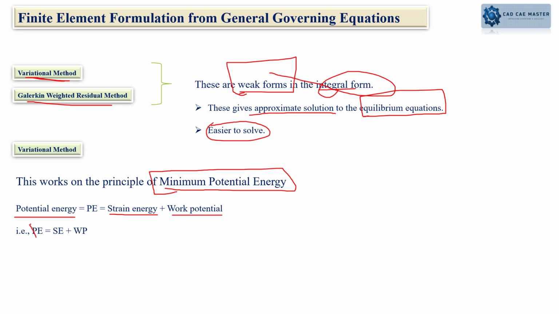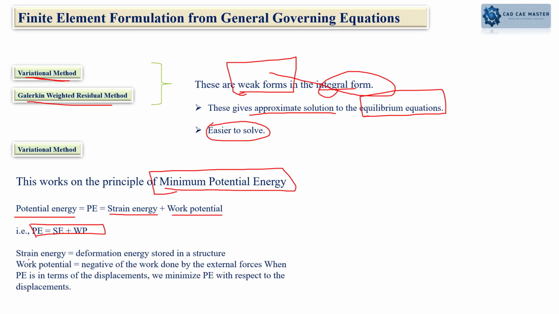In short, this is the equation: potential energy equals strain energy plus work potential. Strain energy is the deformation energy stored in the structure, and the work potential is the negative of the work done by the external forces when the potential energy is in terms of displacement.